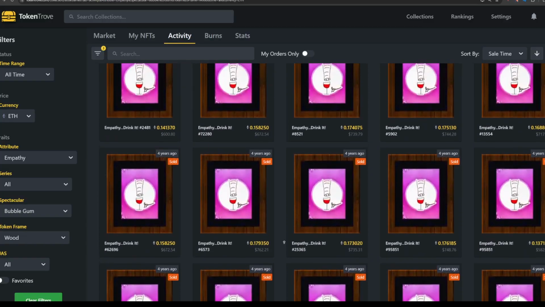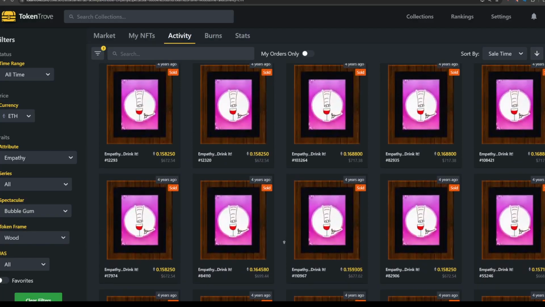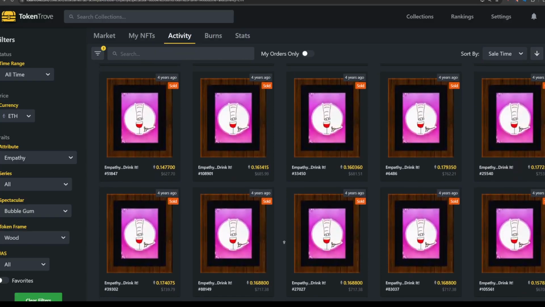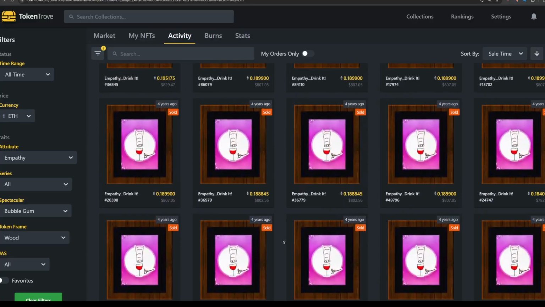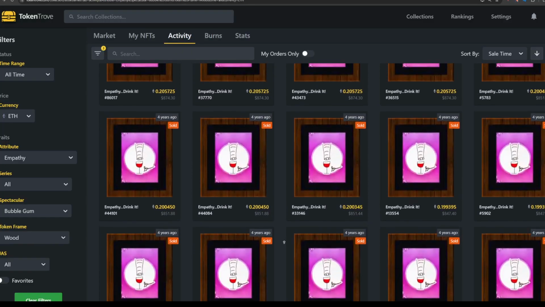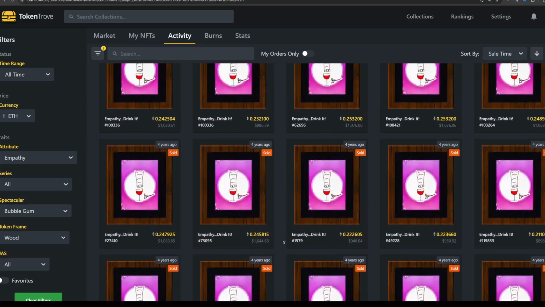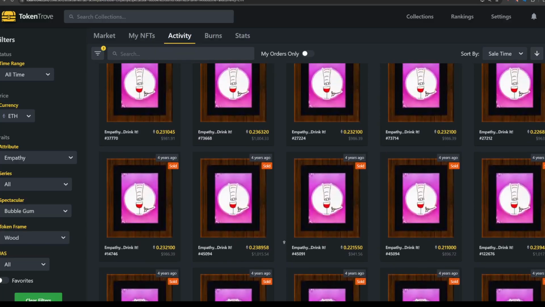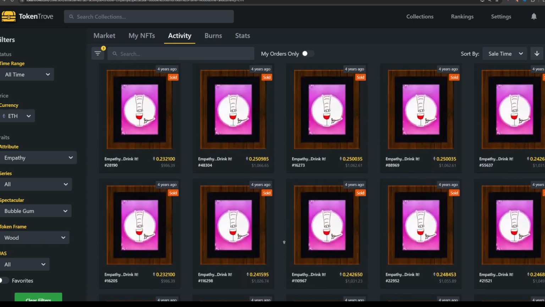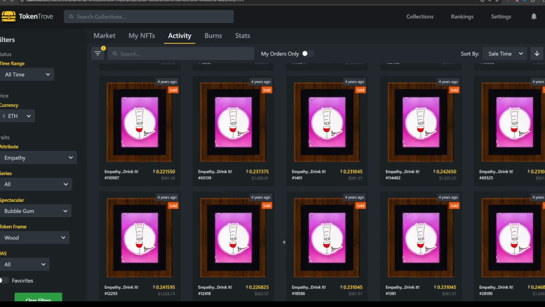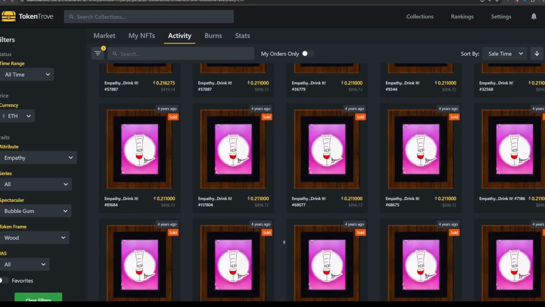Oh, 0.17. 0.14, 0.15, 0.16, 0.17, 0.18, 0.2, 0.2122, 0.23, 0.24, 0.24, 0.19.